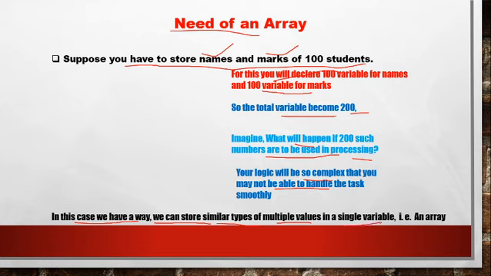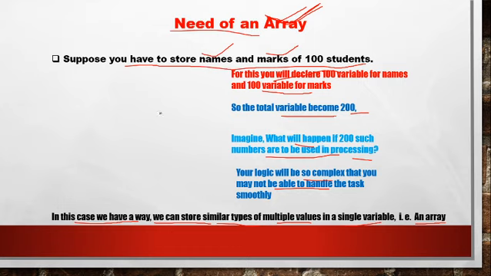I explained about the array, that in an array we can store multiple values of similar data type. That's why we call this a collection of values of similar data type. So with the help of an array, we can store these 200 values in only two variables.